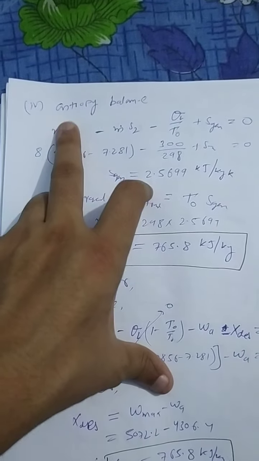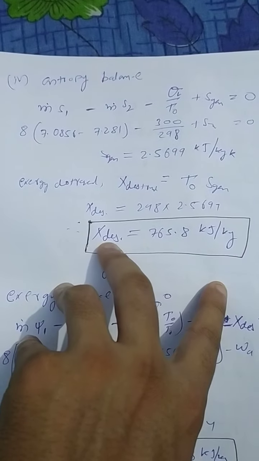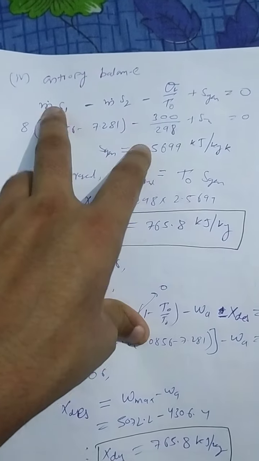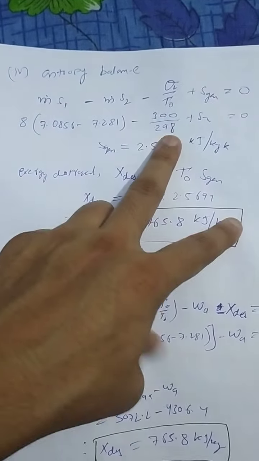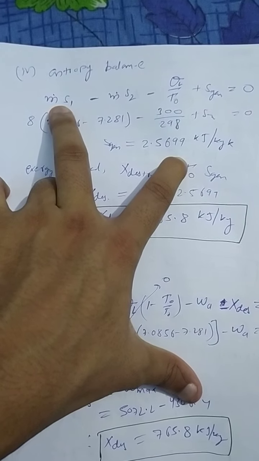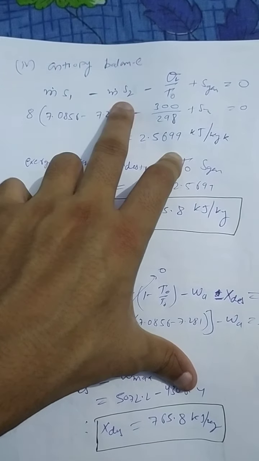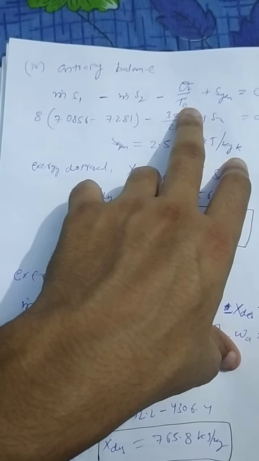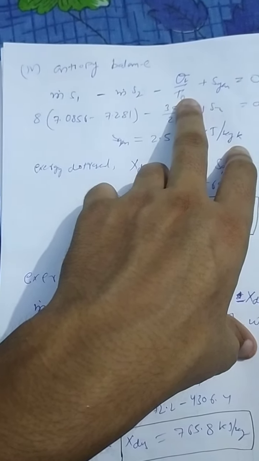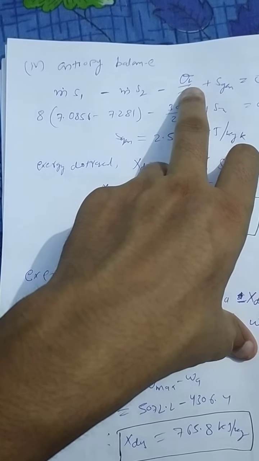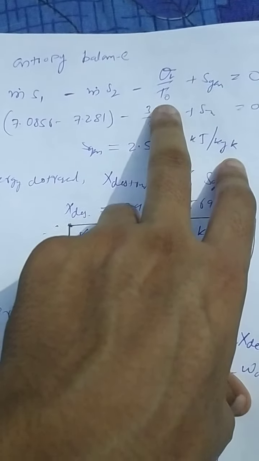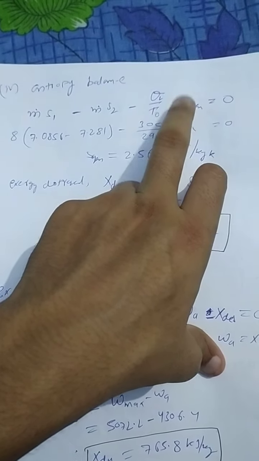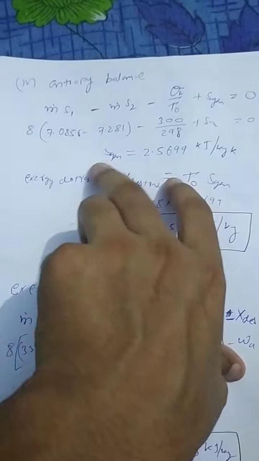Now the fourth part is to find the exergy destroyed, or available energy destroyed, in the whole process. Let's do the entropy balance for the whole system. Entropy input, that is at 1 minus at 2, plus the entropy lost by the system due to heat transfer, QL by T0, plus S generation, the entropy generated during the whole process.